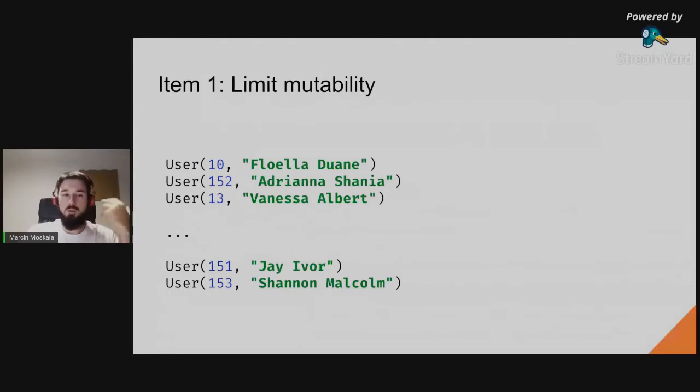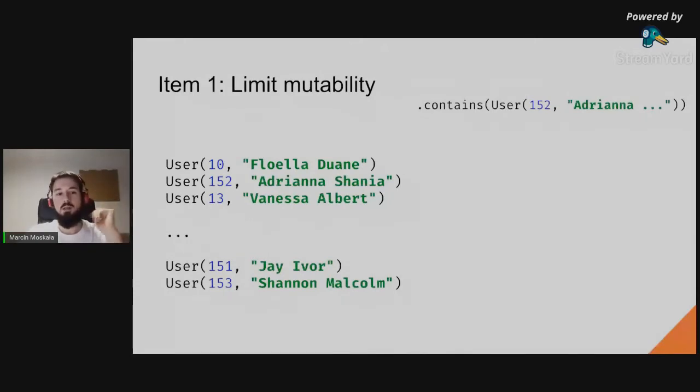If you do that without informing the list about it, then you get a problem, because the element is at an incorrect position. And if you ask this list whether it contains the element, it will search in an incorrect position and not find it. So it can tell you that it does not contain this element, even though it does. It's one of the common problems.